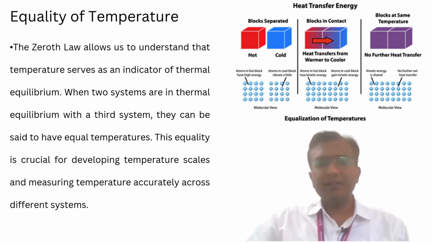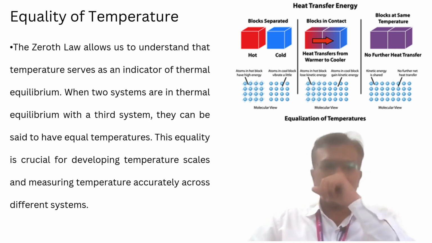It means this: let's call them system A and system B, each separately in thermal equilibrium with a third system, our reference system C. Then system A and system B must have equal temperature.